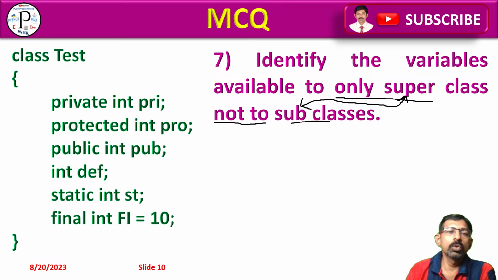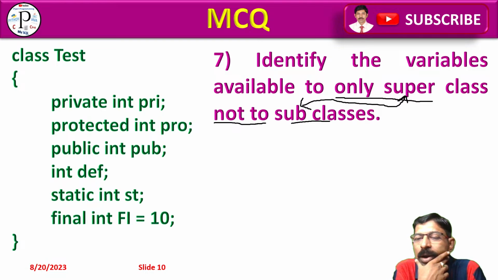Only available to the superclass but not available to the subclass. Which access specifier? Varsha. So private.